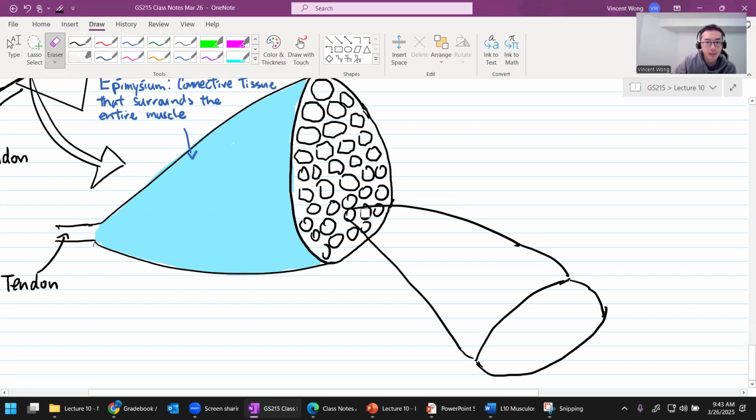Okay, so I'm just gonna erase these things to make it look better. You don't have to. There we go. This whole thing that I just took out is called a fascicle. Right? A fascicle.